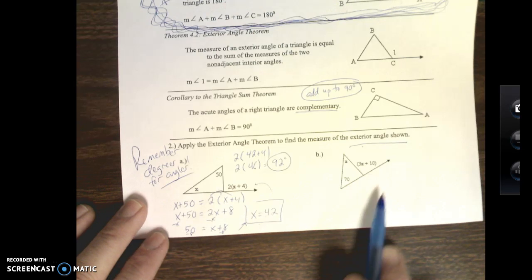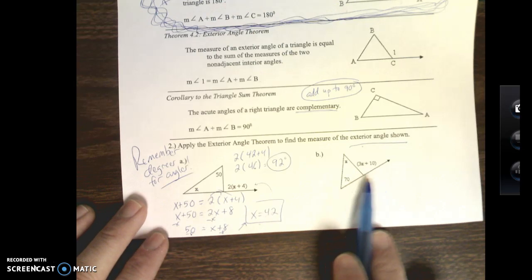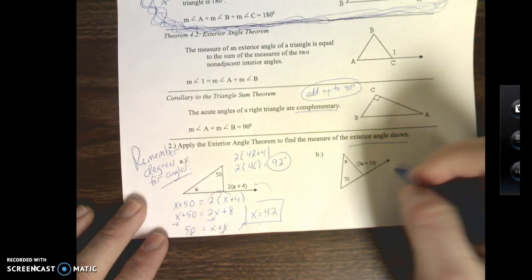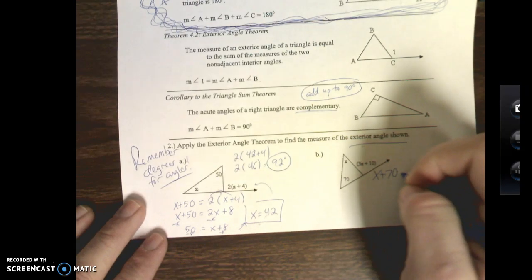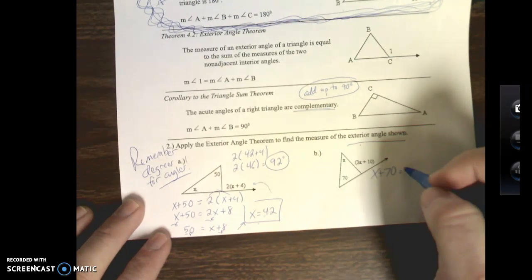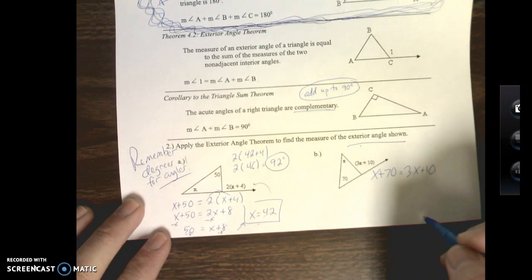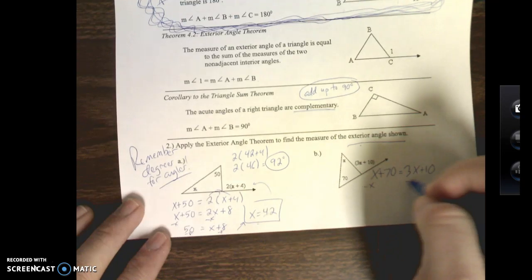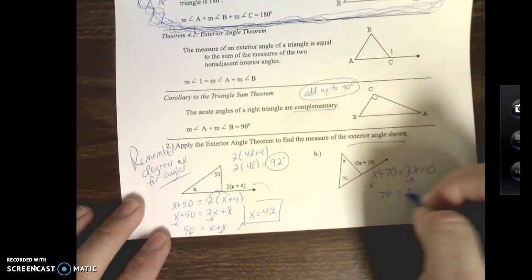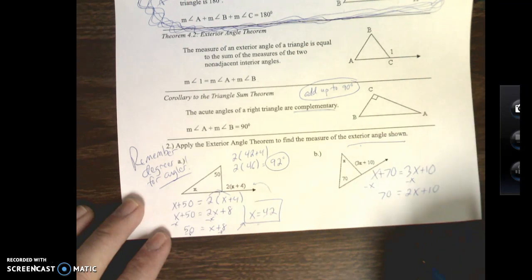Same idea over here. I'm going to add the two inside angles together. So we're looking at x plus 70 equals 3x plus 10. No distributing here. Get all the x's on one side. 70 equals 2x plus 10.